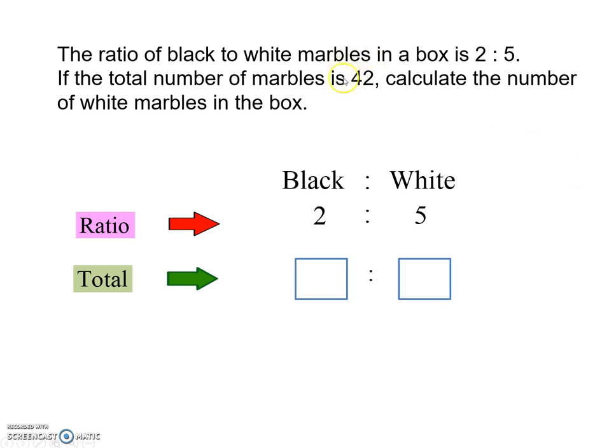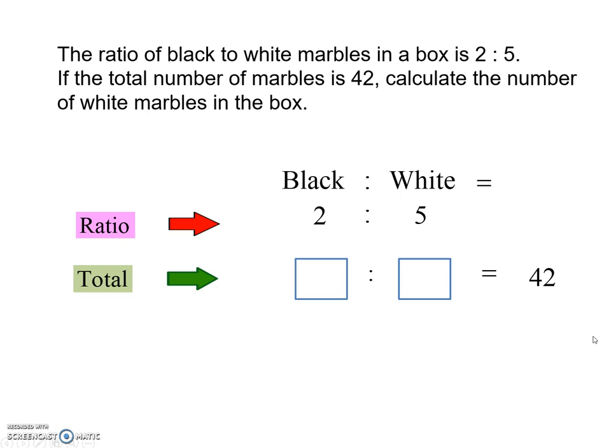Instead, the 42 here is actually the total for both black and white. So it is important to add another column, which is 42, the total number of black and white marbles. You know that the total is 42, but what goes with black and what goes with the number of whites?